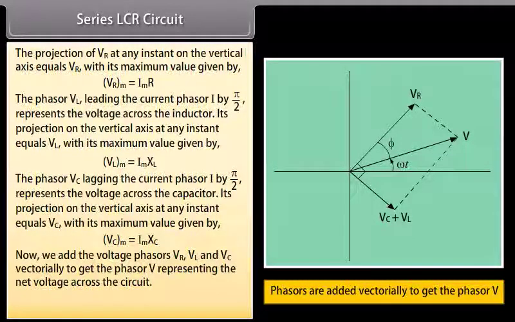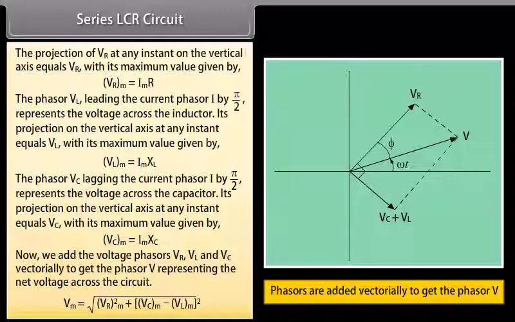Now, we add the voltage phasors VR, VL and VC vectorially to get the phasor V representing the net voltage across the circuit. Vm is equal to under root of VRm square plus VCm minus VLm square.